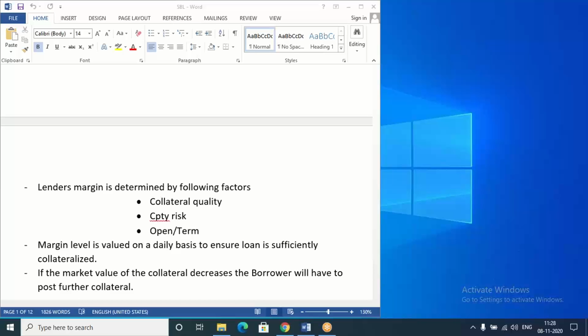If it is $12 per share and the total collateral value is 1.2 million? 100K, exactly. He has to give 100,000 shares, not dollars, Preeti, 100,000 shares as collateral. Clear till here?